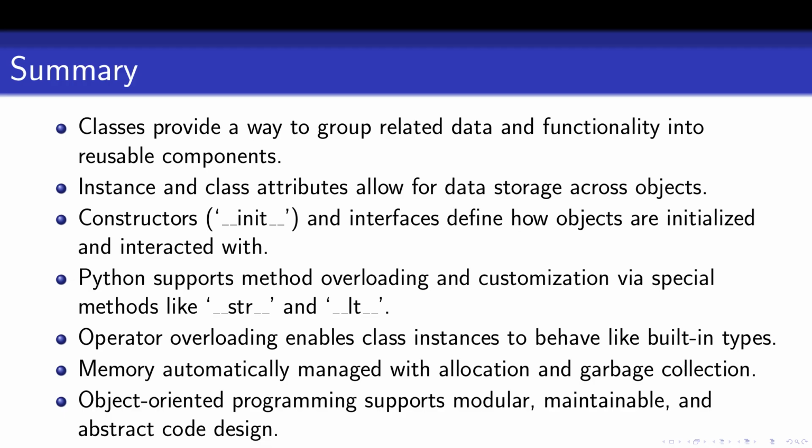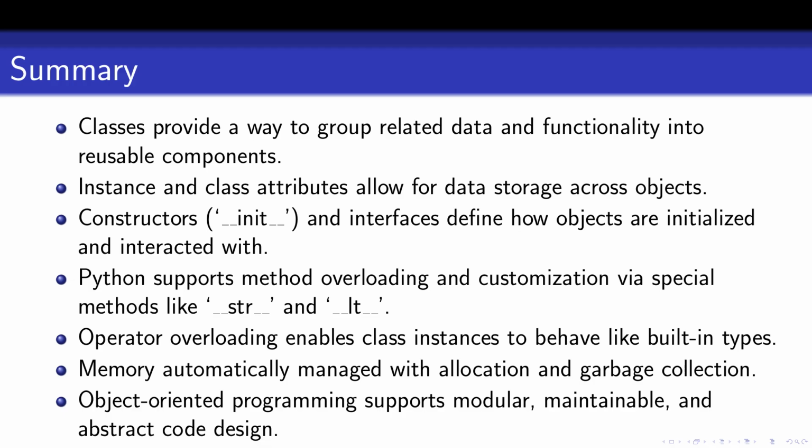We discussed the importance of designing a clean class interface, using public methods to expose functionality and internal methods to hide implementation details. You also saw how to customize object behavior with special methods like str, lt, and add, allowing your classes to work naturally with Python's built-in syntax.